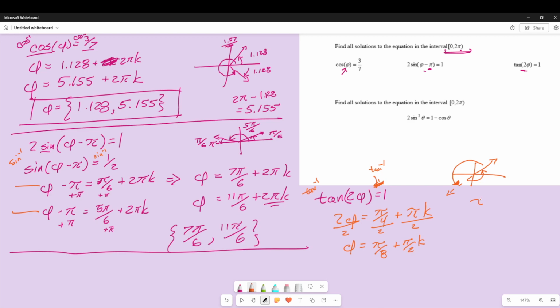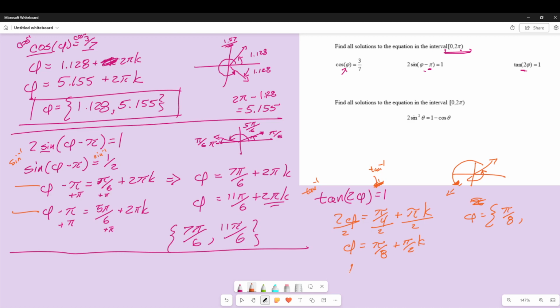Now, we were asked for our solutions within the first rotation, between 0 and 2 pi. Pi over 8 is certainly one of those, but here these extra rotations start to matter because our compression factor made those extra rotations small enough that they're going to fit within our 0 to 2 pi interval.